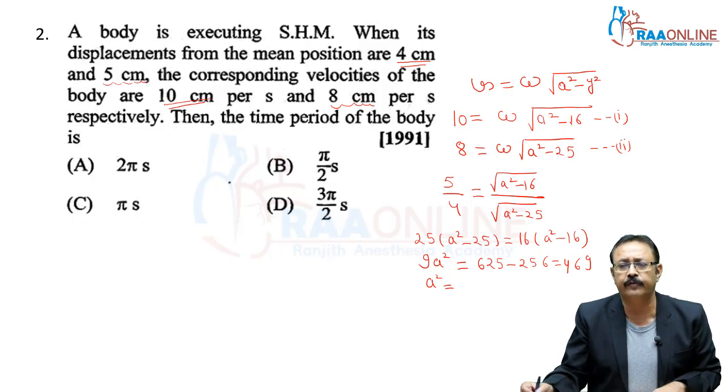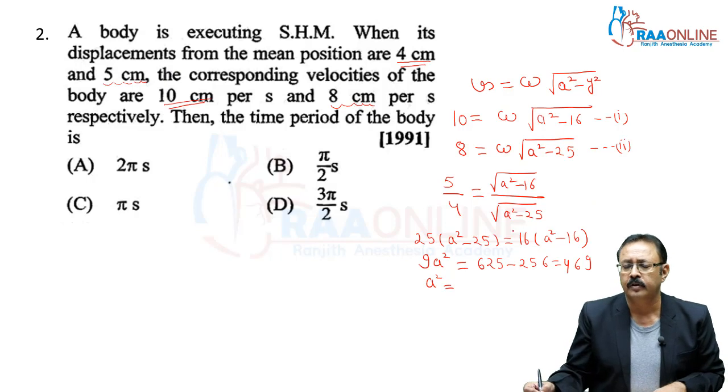When y was 4, 4 square is 16, and for 5 it is 25. No problem, we will put this only. A square is 469 by 9.